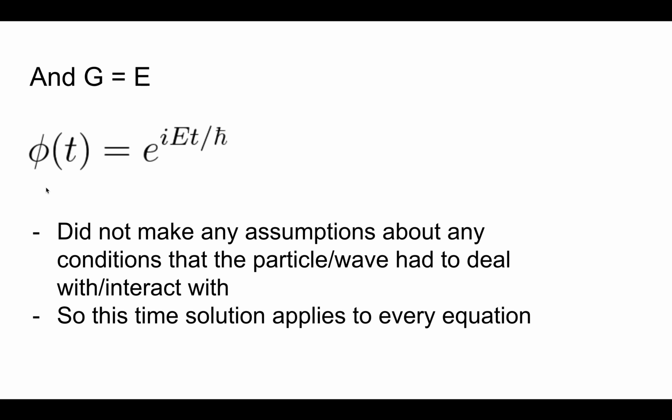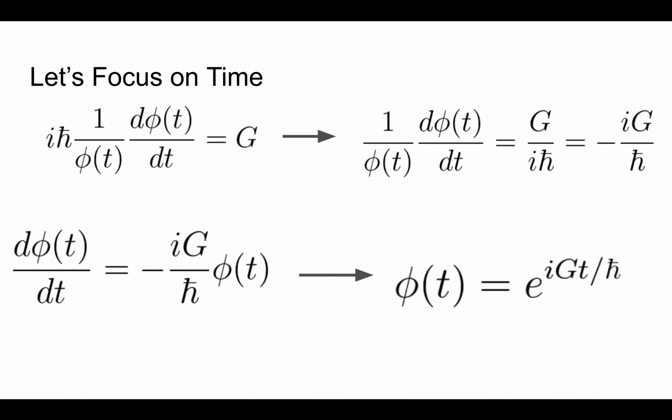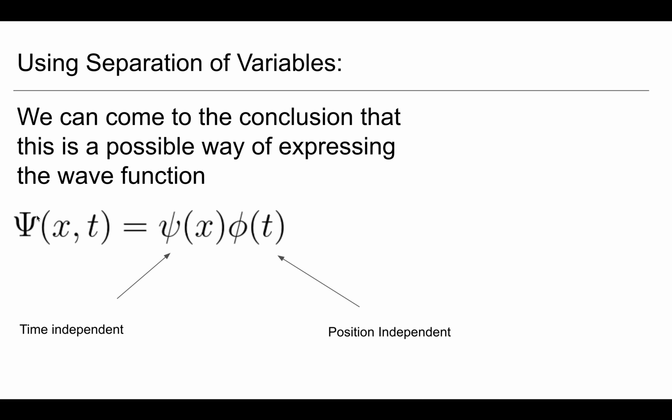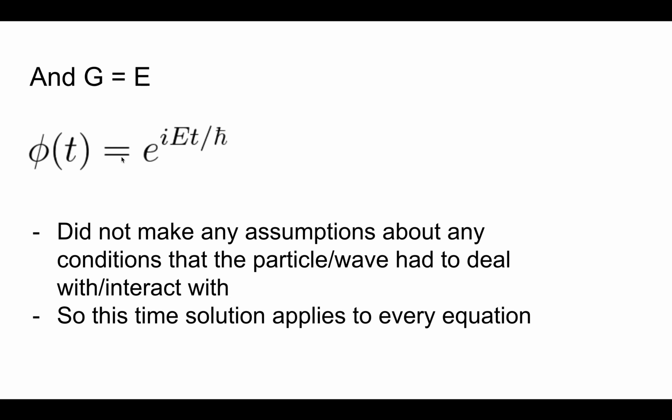Now, what's super important to note about this equation is that we did not make any assumptions at all about the conditions of the particle in the wave and what it had to interact with. So this time solution has to apply to every equation because we made absolutely no assumptions. We made no assumptions and we still got this. So whenever we break the equation down to this, we always know phi of t is equal to this.